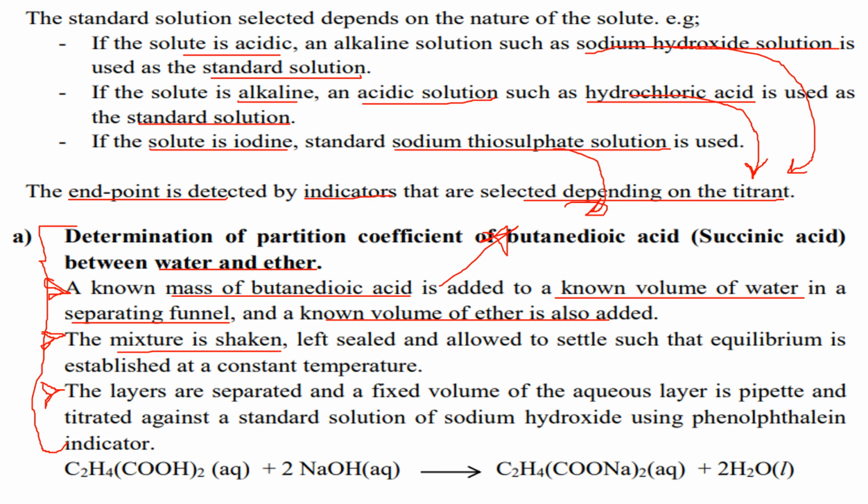We always shake so that we can allow dissolution of this solute in either of the solvents, and we leave it to stand for equilibrium to be established. And this experiment must stand at a constant temperature. That's why we are saying the mixture is shaken and is sealed and allowed to settle.